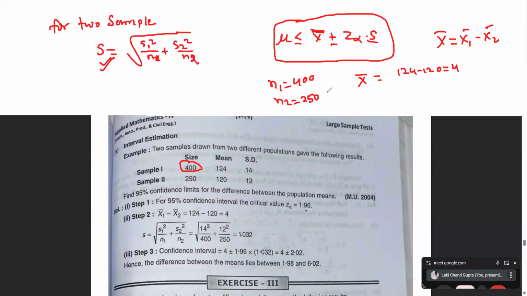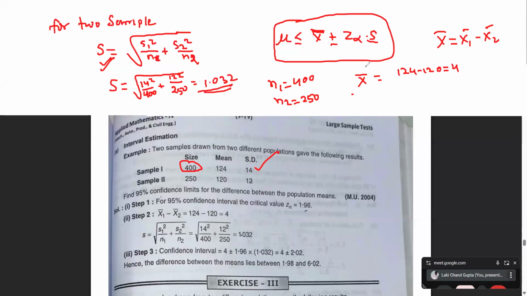This is for sample 1, sample 2. Now we have X bar is 4 and we will find S. You know, finding S. S1 square means 14 square upon 400, plus 12 square upon 250. When you solve this, you are getting 1.032, right?